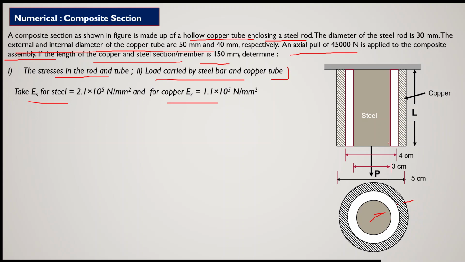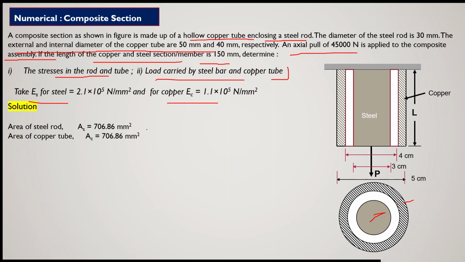So when load P is applied on this composite section, then as per the methodology, some of the load will be taken by steel and some by copper. We have to find out the stresses as well as the load taken by these members. For the solution, first of all we will calculate the area of the steel rod, using the standard formula which we have already discussed in the previous lectures.